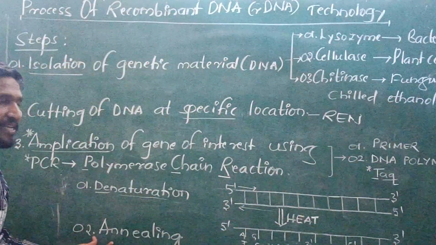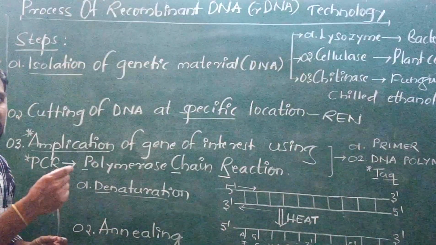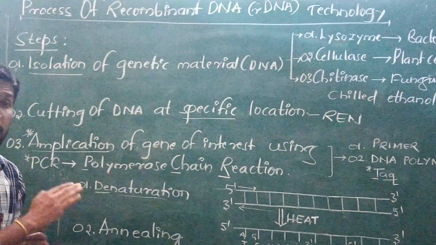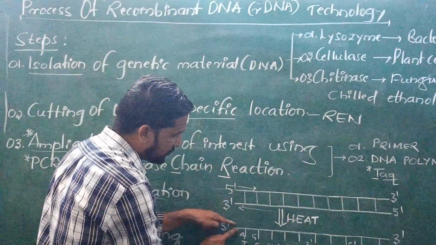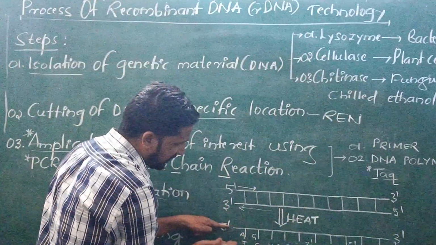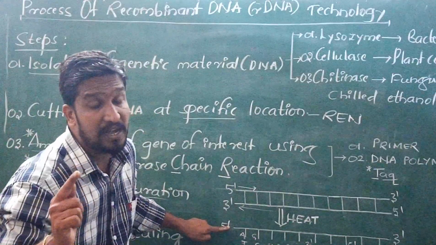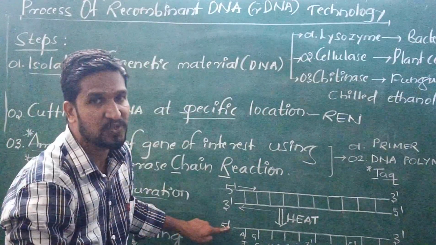Then the second one is annealing. Annealing means starting to extend a new strand of DNA on the old strand. This is the old strand which is broken down into two separate strands by heat process. And each old strand develops into a new strand according to semi-conservative replication of DNA, studied under molecular basis of inheritance.